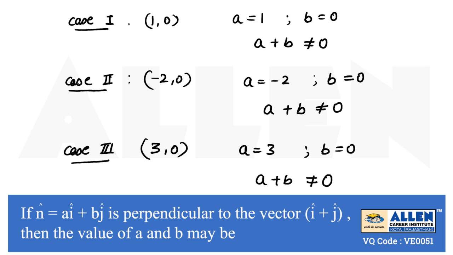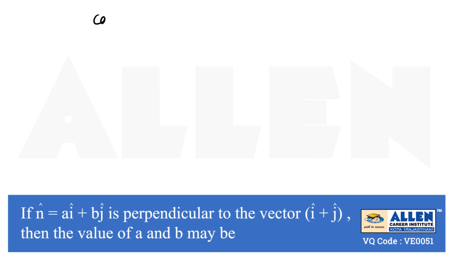Now, we will move on to the fourth case, in which 1 by root 2 and minus 1 by root 2 is given.